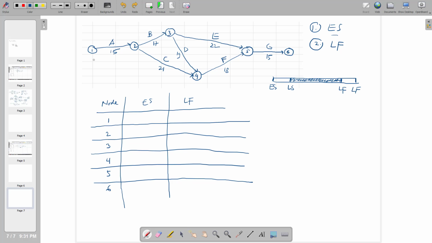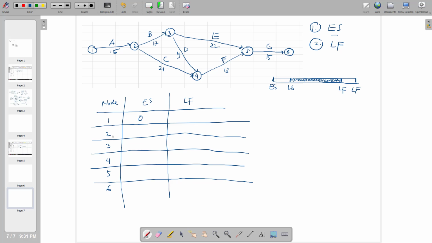For node number 1, what you want to do is to calculate the duration. Since activity A starts from the beginning, the early start of activity A, which is defined by node number 1, will be 0.